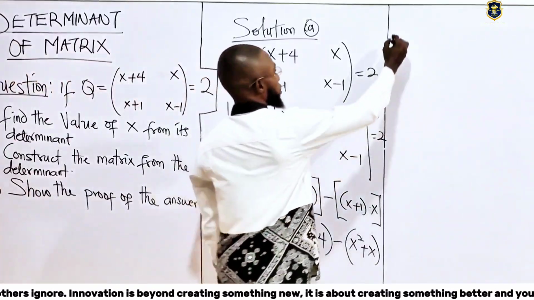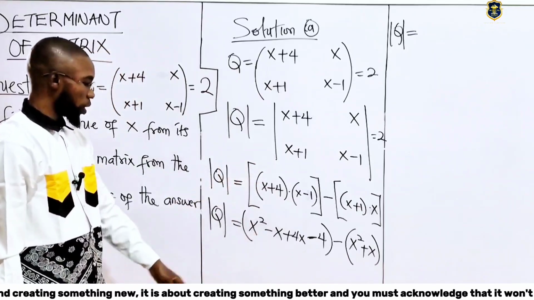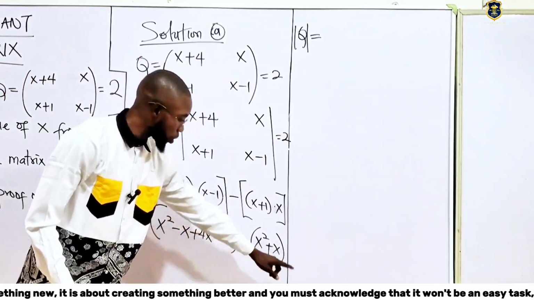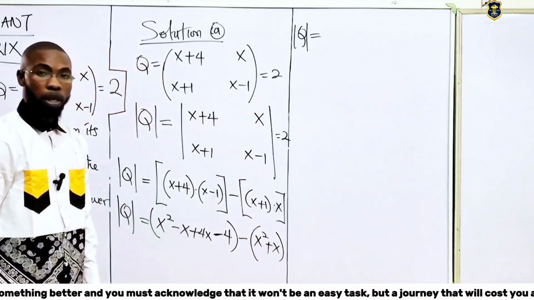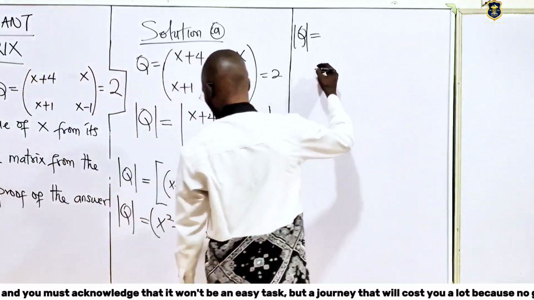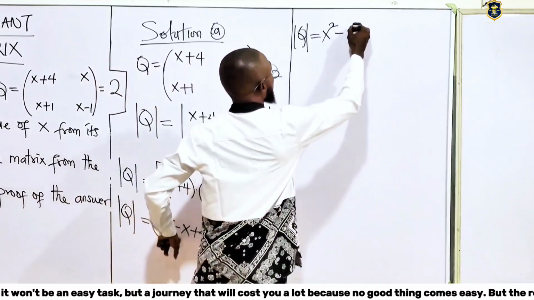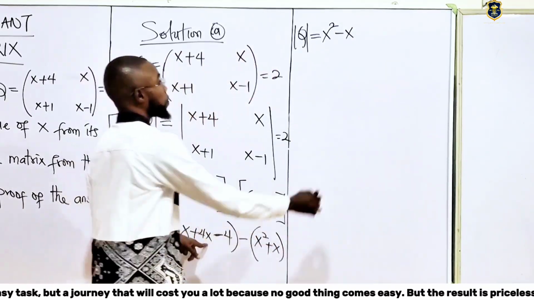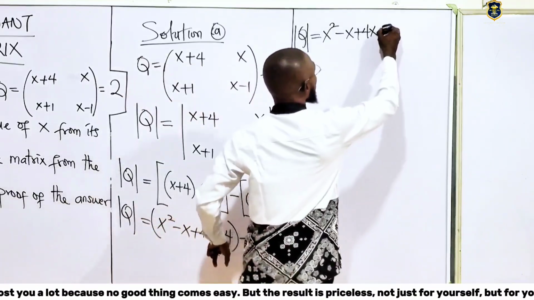By opening the bracket, Q becomes what? Let's try and open the bracket by using this minus to multiply everything inside. So minus times invisible plus becomes minus. So let's just open the bracket. Q becomes x squared minus x, right, plus 4x, right, minus 4.